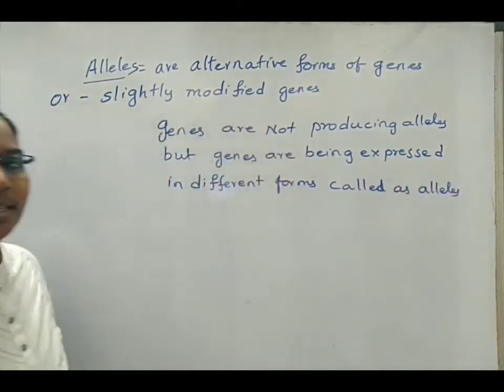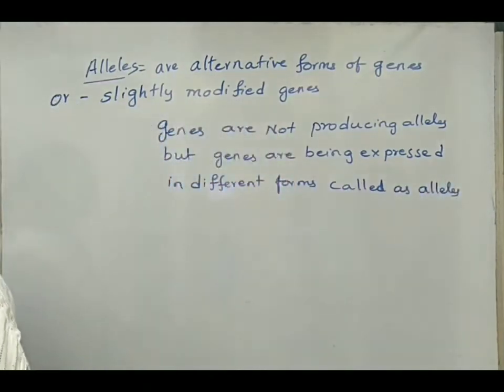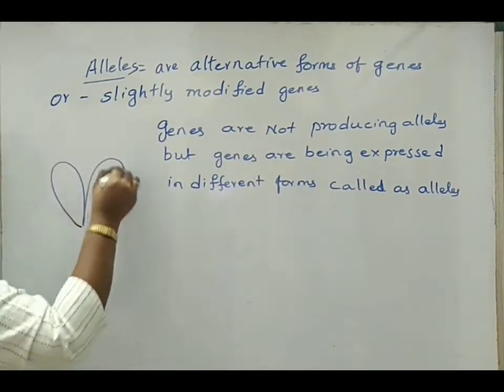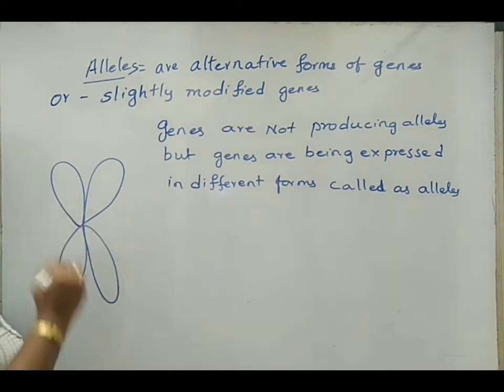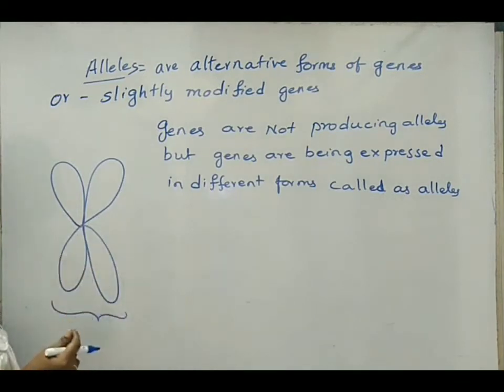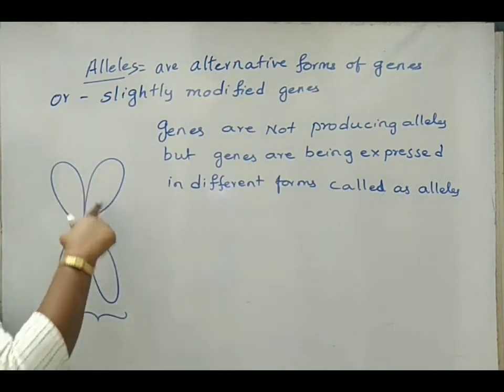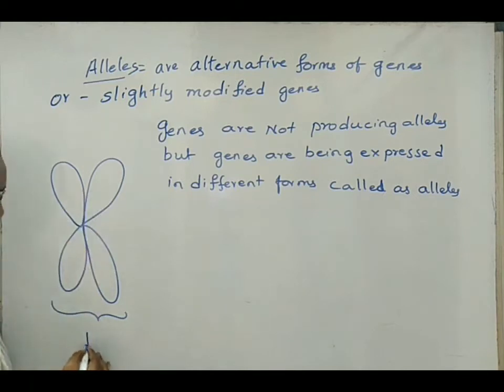Now, what is the location of this gene or the allele forms? Suppose we take the chromosome like this one. First of all I will give some labelings of this. This complete structure is called one chromosome.